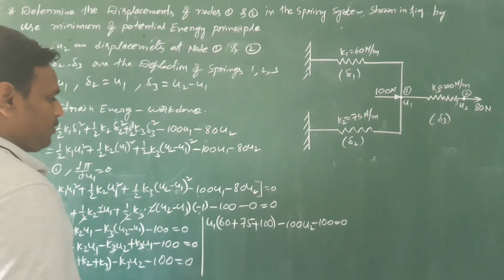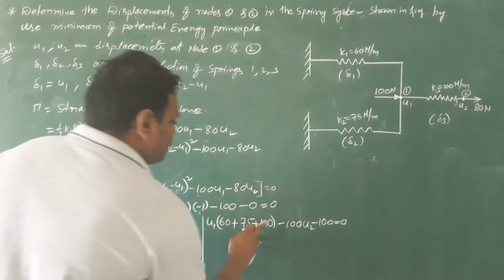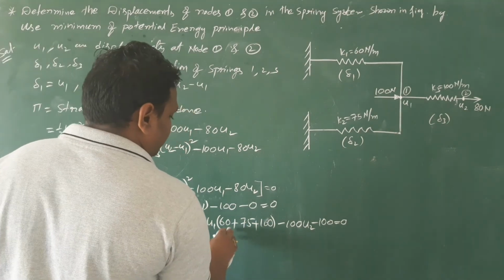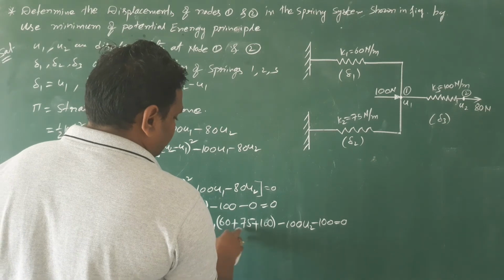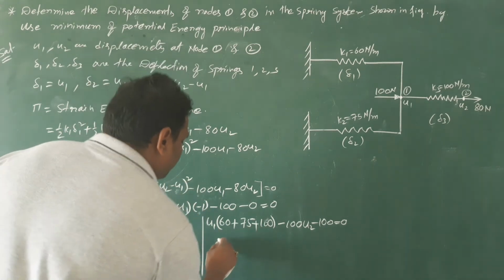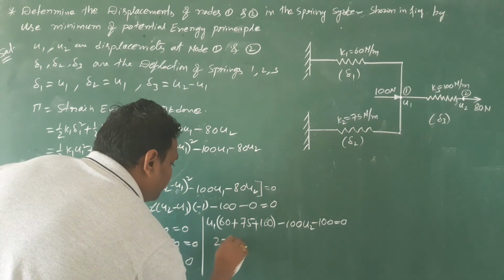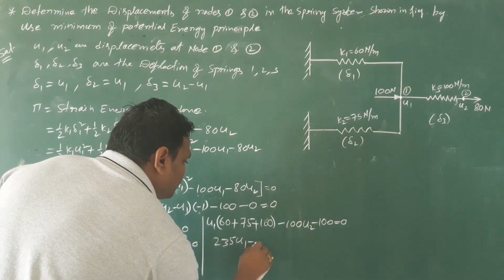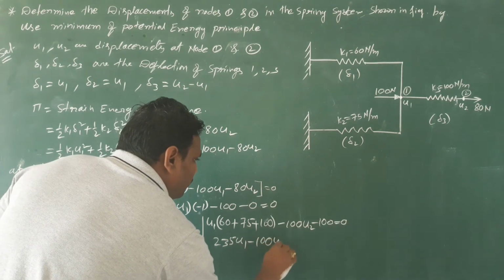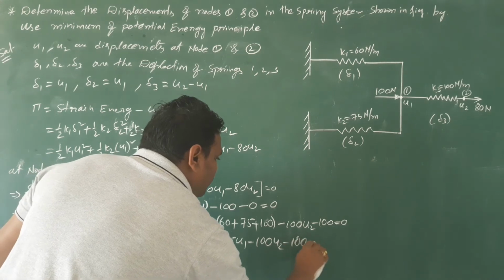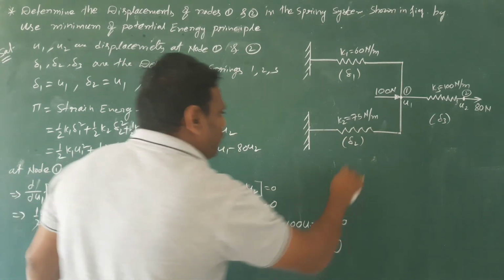So 60 plus 75 is 135, plus 100 is 235. 235 u1 minus 100 u2 minus 100 is equal to 0. This is equation number 1.